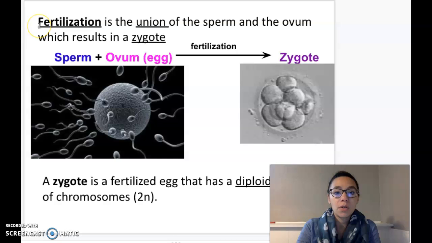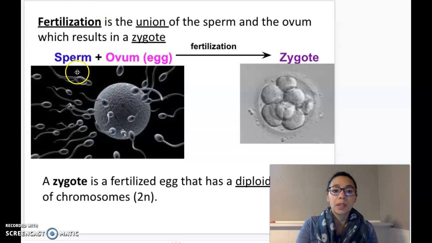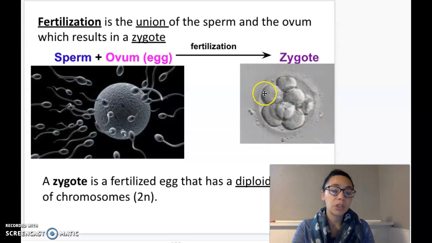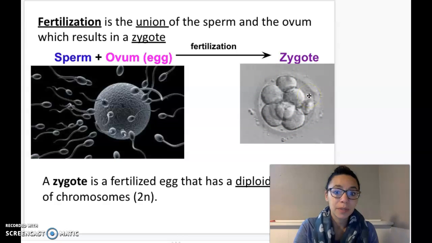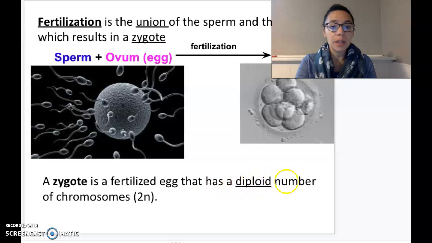Okay, so fertilization is the union of those two special cells. So when the sperm and egg come together, sperm plus egg, we get fertilization. So that's when we end up with a fertilized egg, which is called a zygote. Okay? So the zygote is a fertilized egg that has a diploid number of chromosomes.